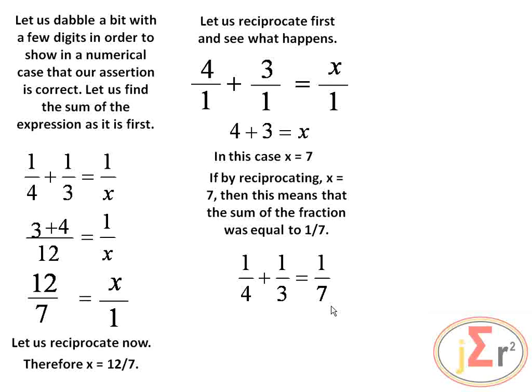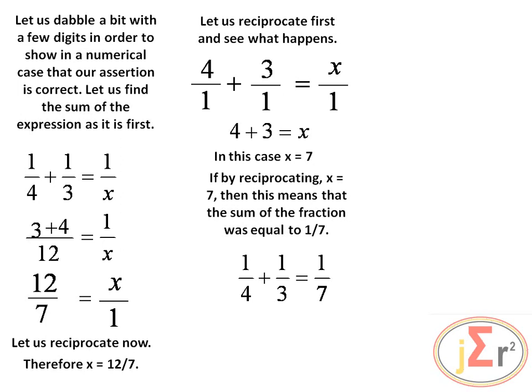Why are we saying that? Because if you find the reciprocal of something and it is equal to 7, then the number that you reciprocated has to be 1 over 7. Or if you reciprocated a value and you got 7, then what you reciprocated to get 7 has to be 1 over 7.